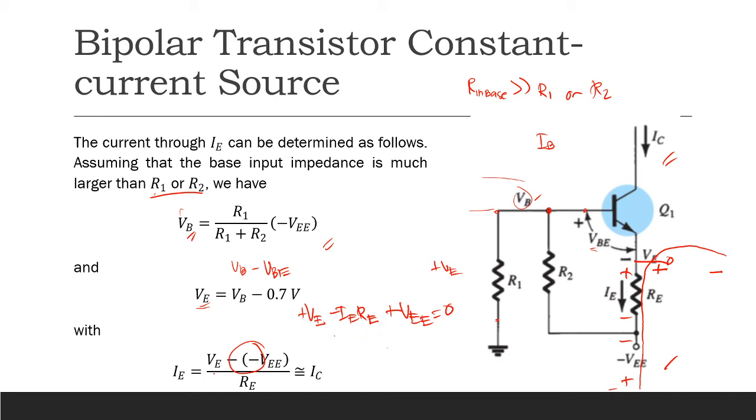So therefore, kapag minove natin sa isang side yung IE, we will have IE equals VE plus VEE over RE. And IE natin, this is approximately equal to IC, given na maliit lang yung IB natin. So therefore, makakapag-provide tayo ng constant na value ng IC dito.